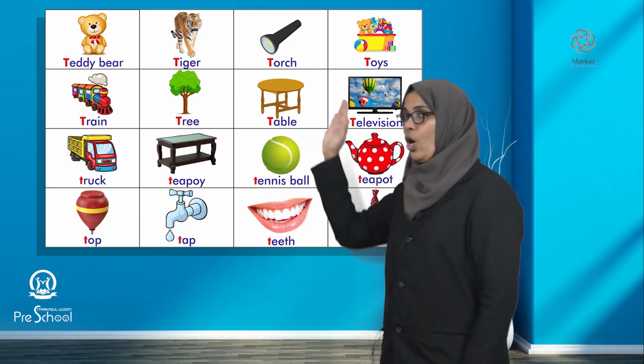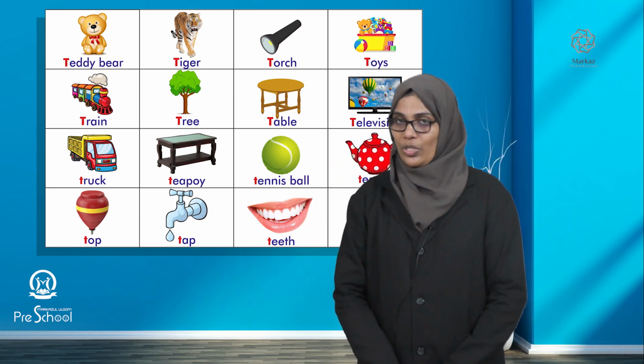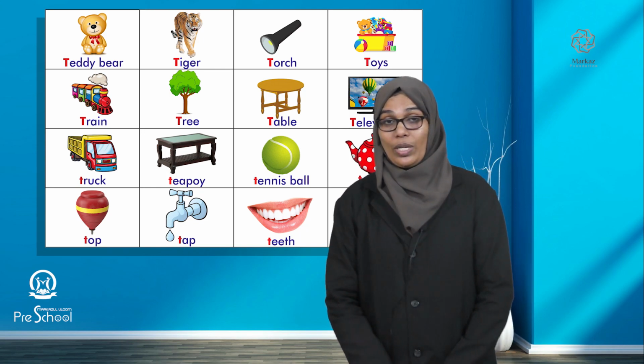Yes, these all pictures are starting with the same letter T. And what is the sound of it? T. And you have seen both the mama letter T and baby letter T, right?